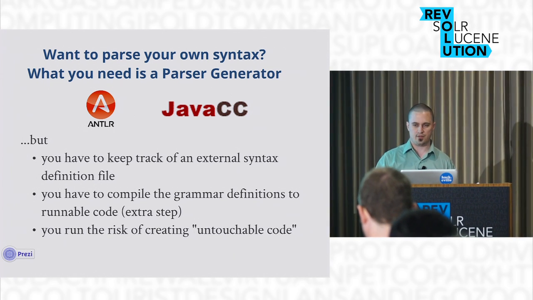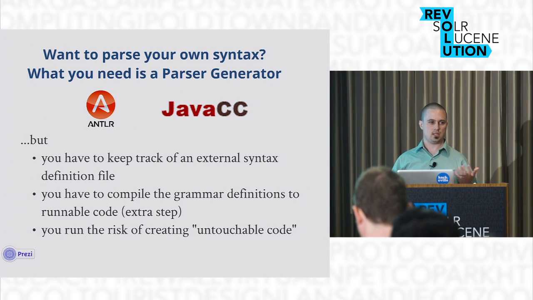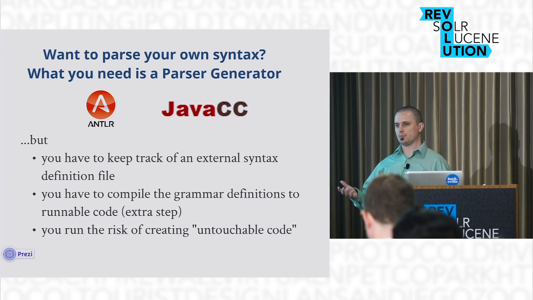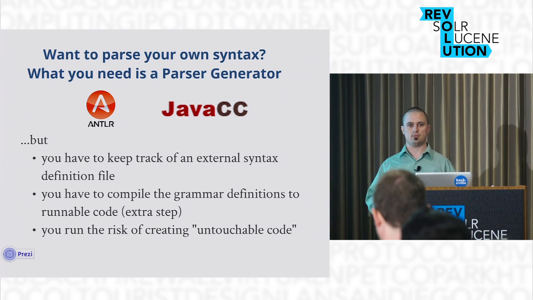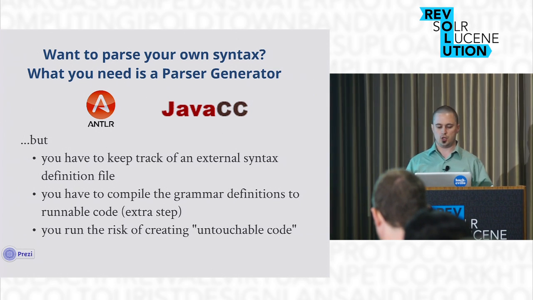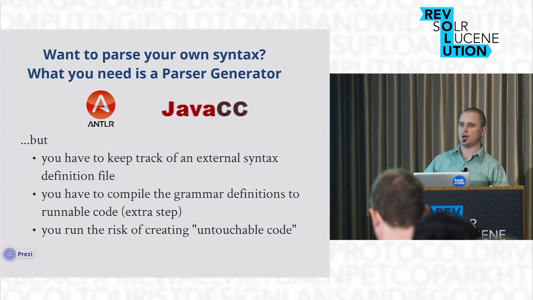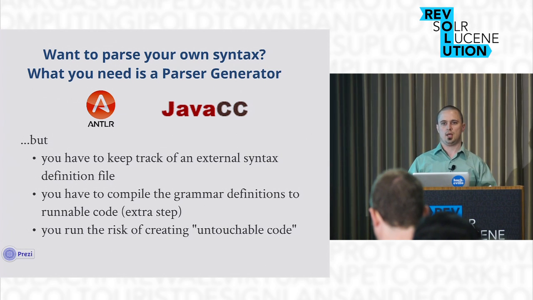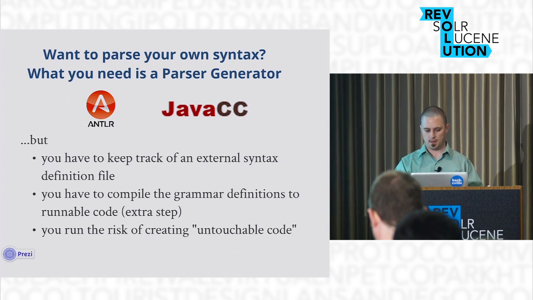For one thing, you have to have an external syntax definition file. You also have an extra compilation process where you convert that file into bytecode or something that can translate your queries. And with all these extra artifacts and processes going around, you run the risk of creating untouchable sacred relic code. It works, we're confused about what it's really doing, so no one touch it.